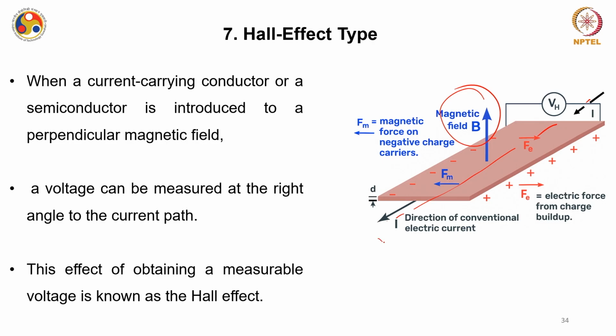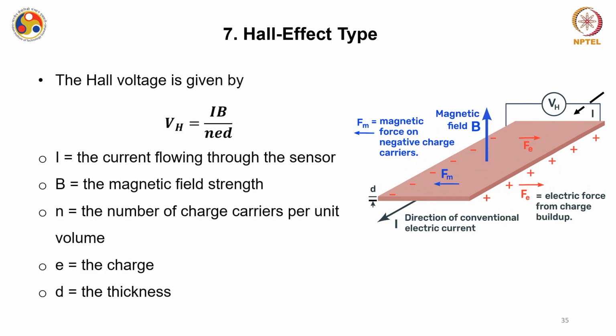This effect of obtaining a measurable voltage is called the Hall effect. The Hall voltage can be given by this formula: VH equals B times I divided by N E D, where B is the magnetic field strength, I is the current flowing through this material, N is the number of charge carriers per unit volume, E is the charge and D is the thickness.